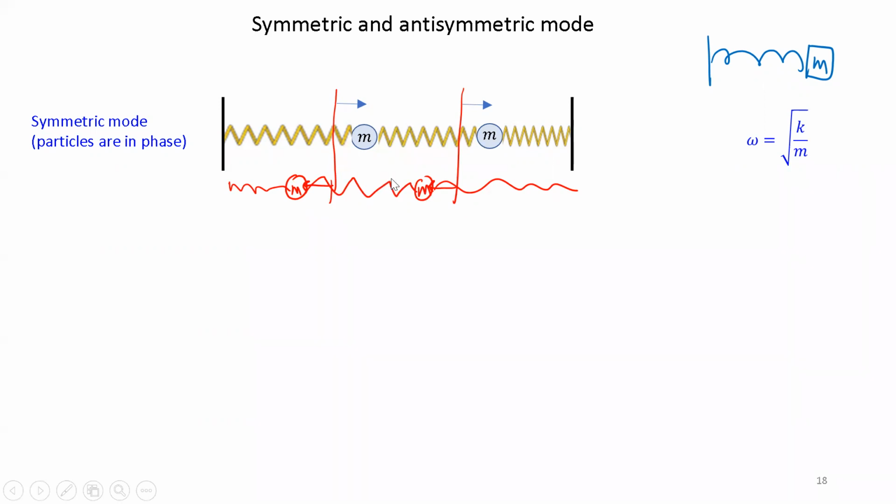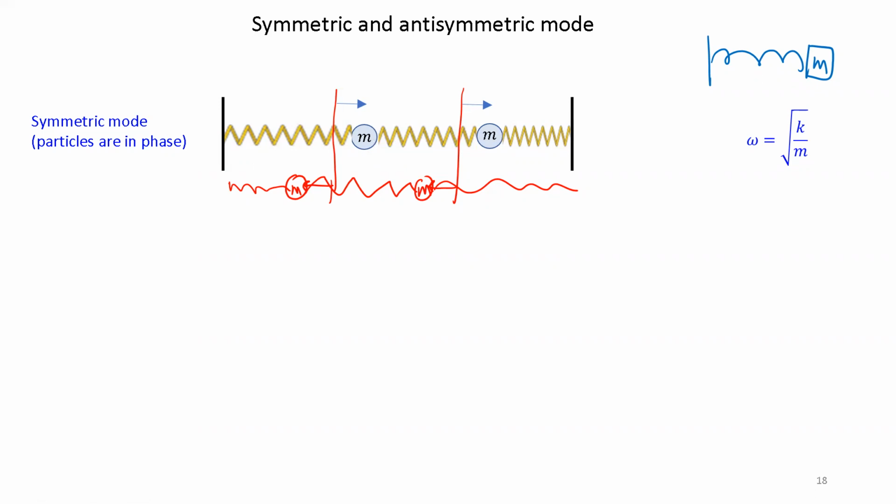That is to say, the spring in the middle is not playing any role at all times if you are in this symmetric mode. Therefore, it really doesn't matter whether you take this spring out or not.